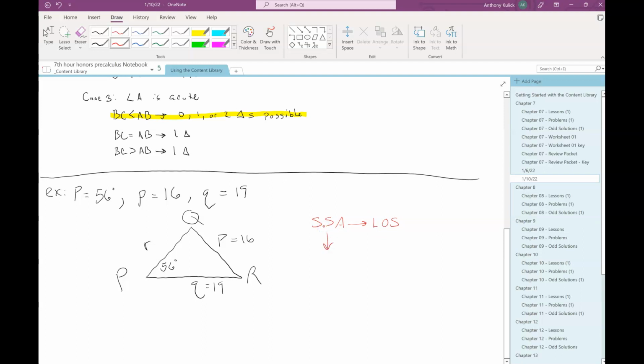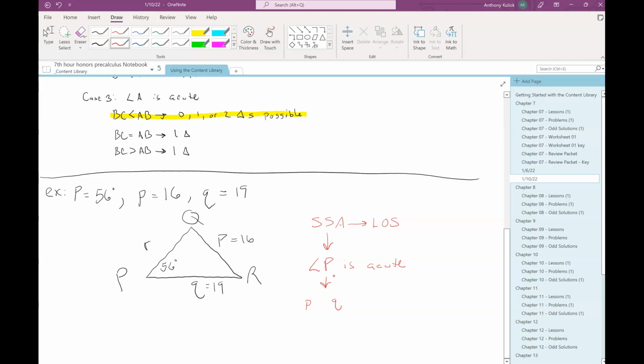But before we do side, side, angle, there's some things we have to check because weird stuff can happen in this situation. The first thing we need to do is look at that given angle and decide whether that's acute, right, or obtuse. In this case it is acute. Since it's acute, we need to then compare the size of the side opposite that given angle with the other given side.